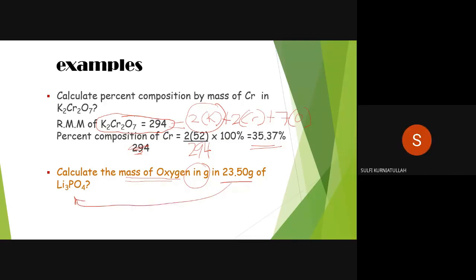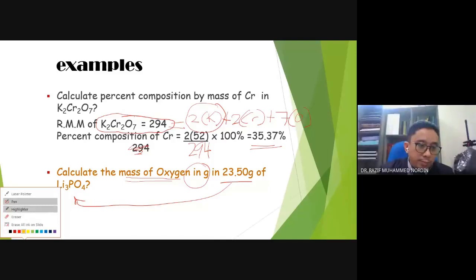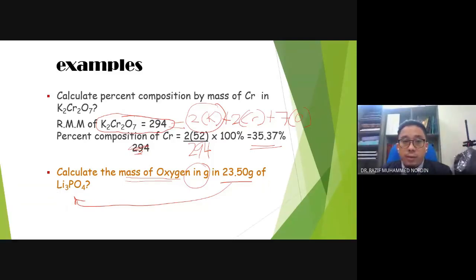Boleh nanya, Prof? Ya, boleh. Tanyalah. Itu 2 kali 52 tu dari mana datangnya, Prof? Oh, ya ni. Terima kasih kerana bertanya ni. Because soalan ni, dia bertanya, minta you calculate the percent of mass for chromium.